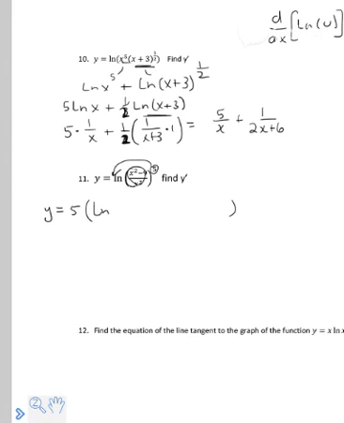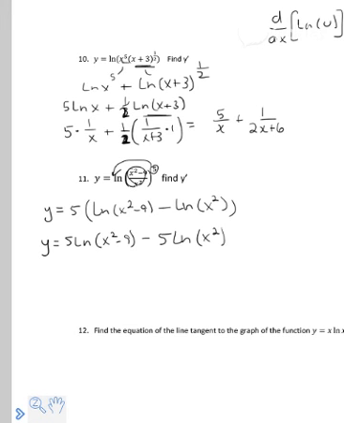Natural log of x squared minus 9 minus natural log of x squared. So y equals 5 times the natural log of x squared minus 9 minus 5 times the natural log of x squared.